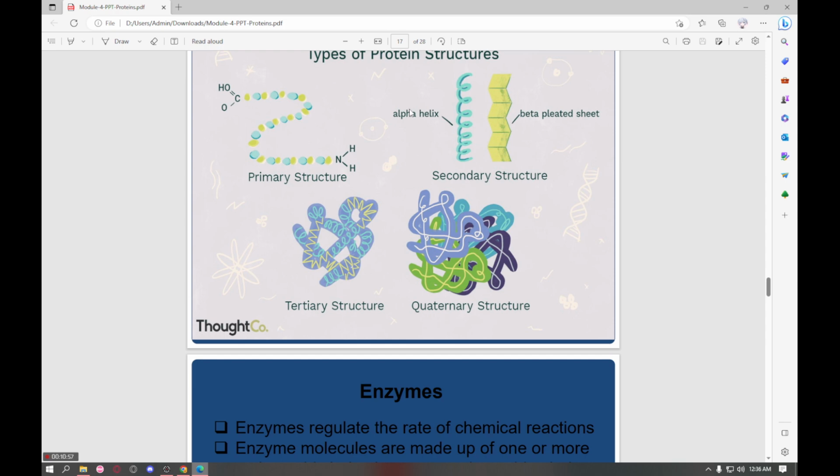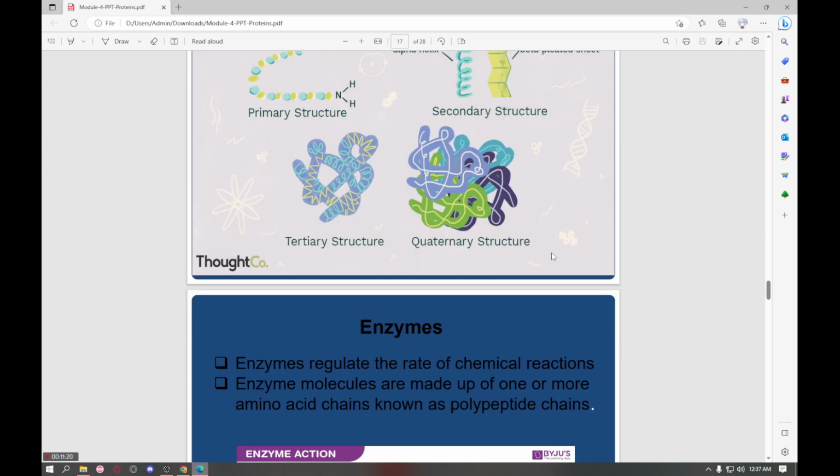This one, there is an alpha helix here, and then the beta pleated sheet here. So your tertiary structure is made up of your primary and secondary structures. How about the quaternary structure? Aside from tertiary, it is more complicated, if you notice, compared to the other structures of your protein. So that is the quaternary structure.